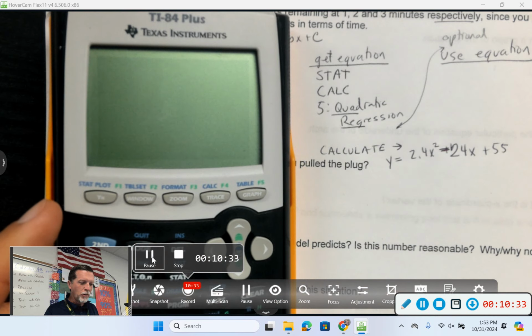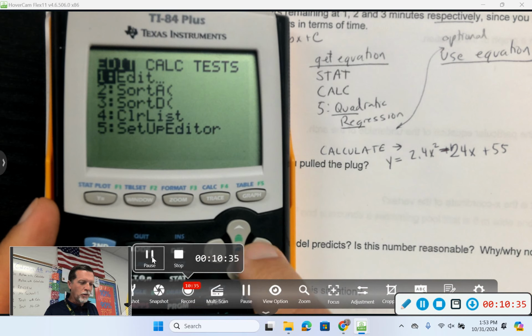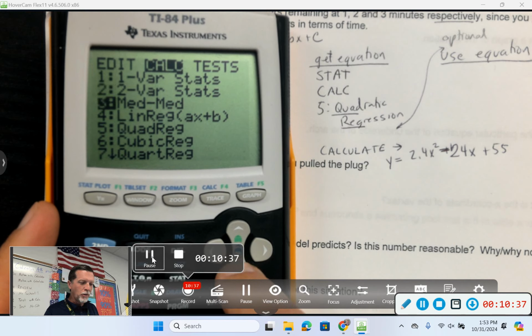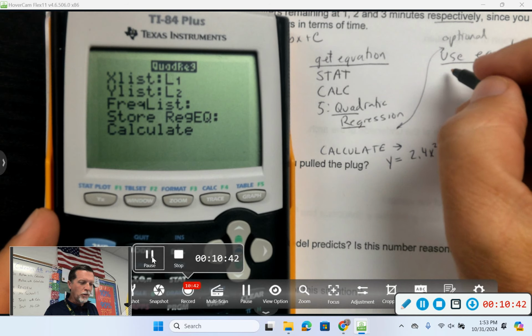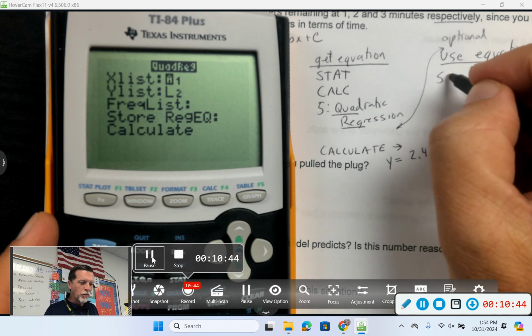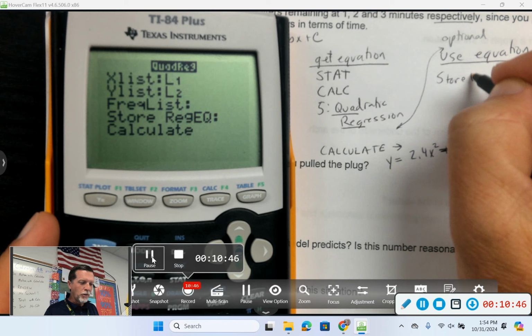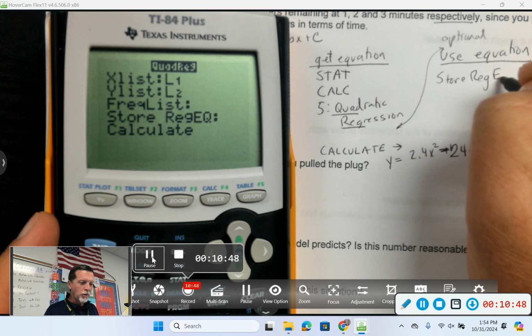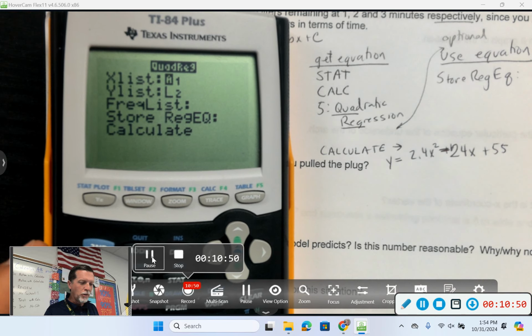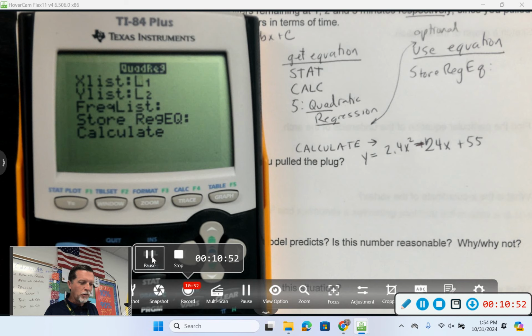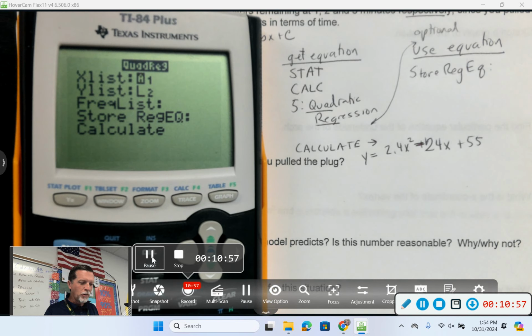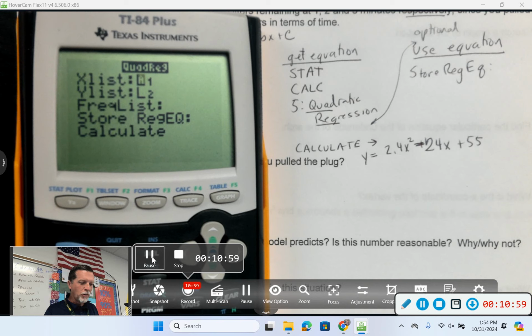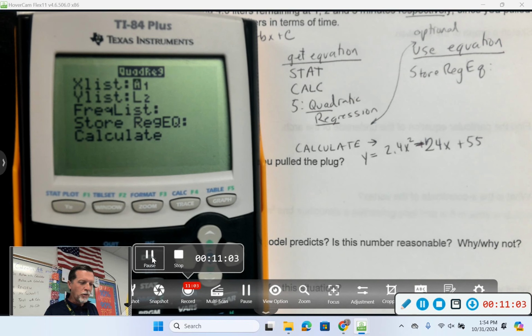Second quit. Follow the same steps. Stat, calc, quadratic regression. When it comes down to store regression equation, I'm probably going to want to graph this, so it would be nice if, instead of me writing down all that stuff, you can get the calculator to put it in for y1 for you.